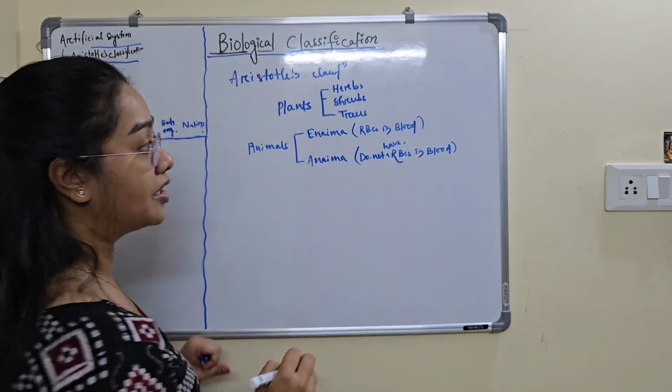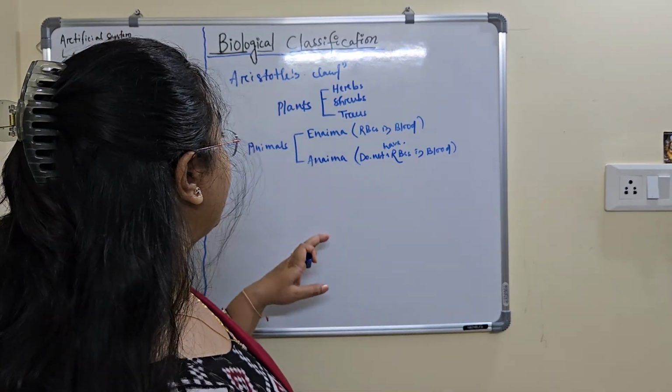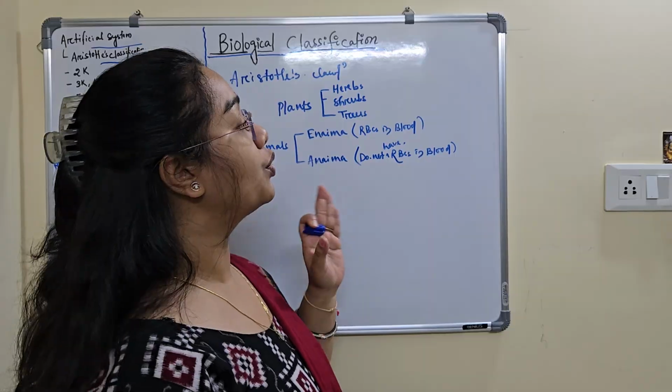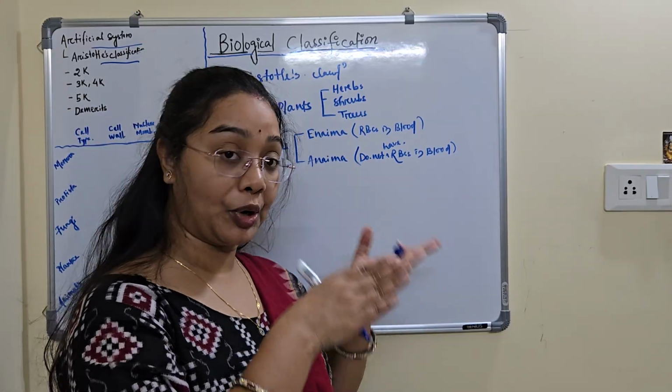Okay, so Aristotle's classification was very simple, and also it was advanced up to that point of time.